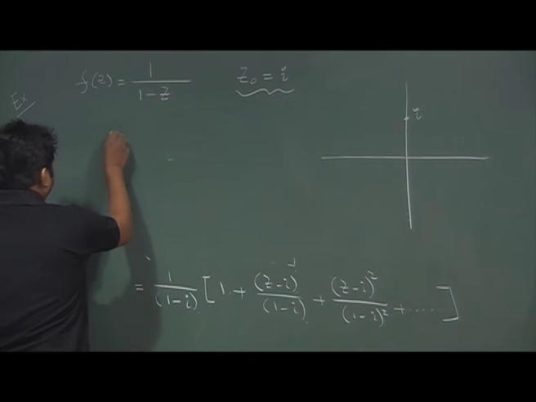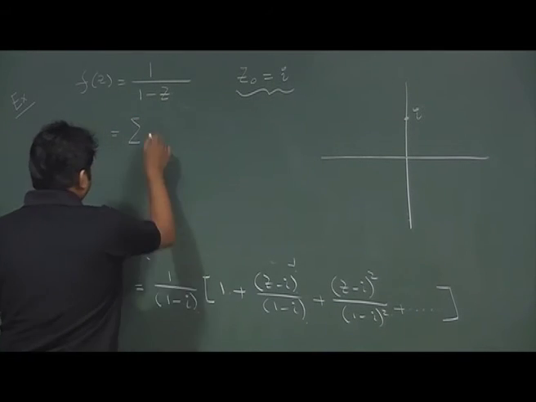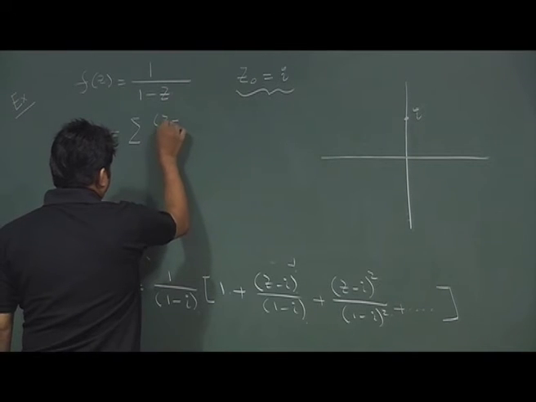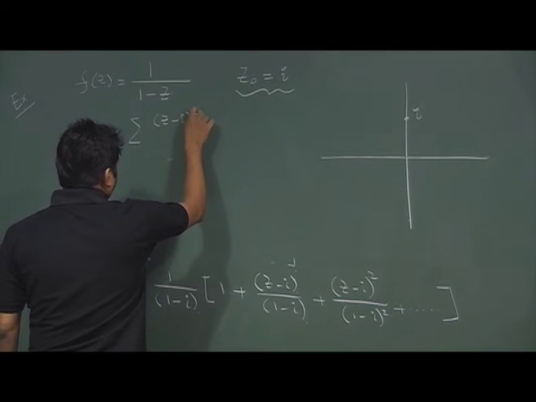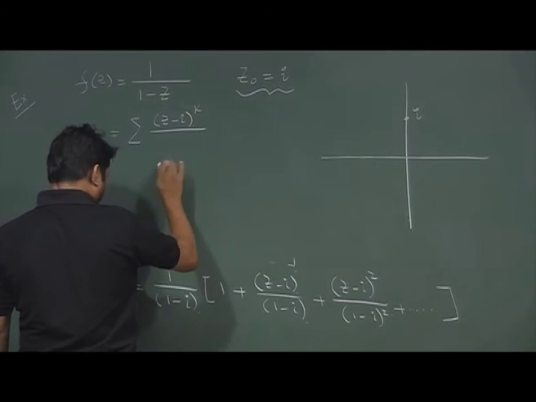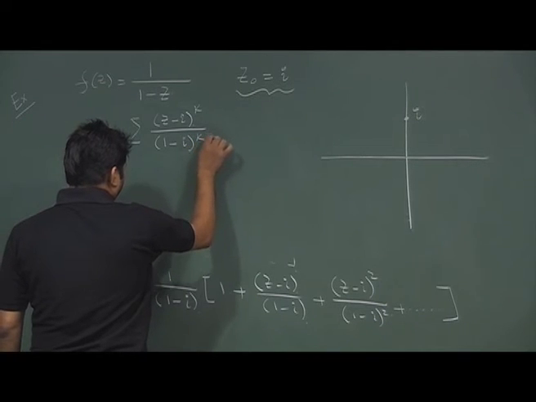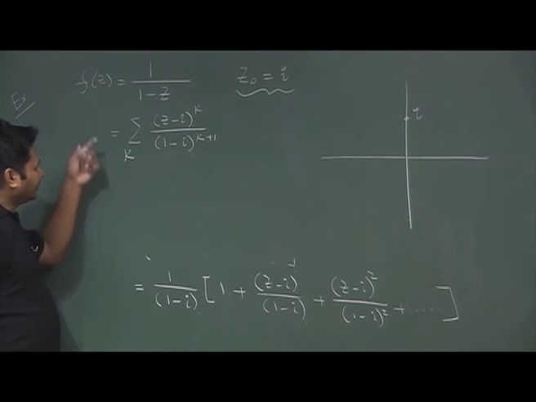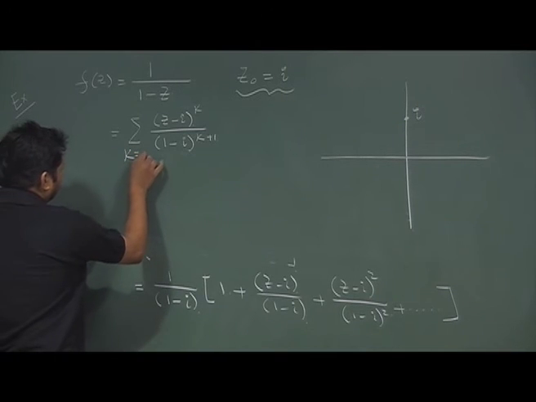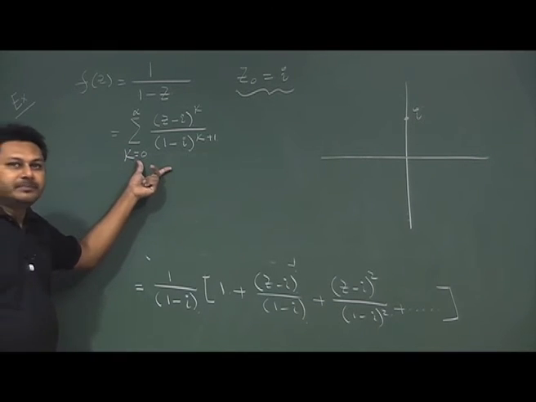The general form, in summation form, is the summation of (z minus i) to the power k divided by (1 minus i) to the power k plus 1, with k from 0 to infinity. So this is the expansion I will have.